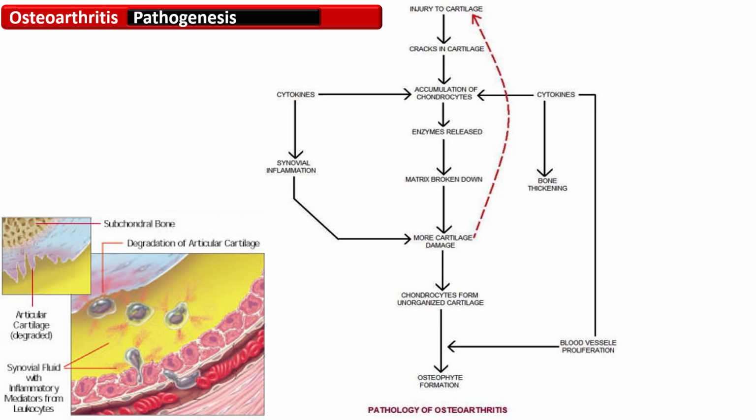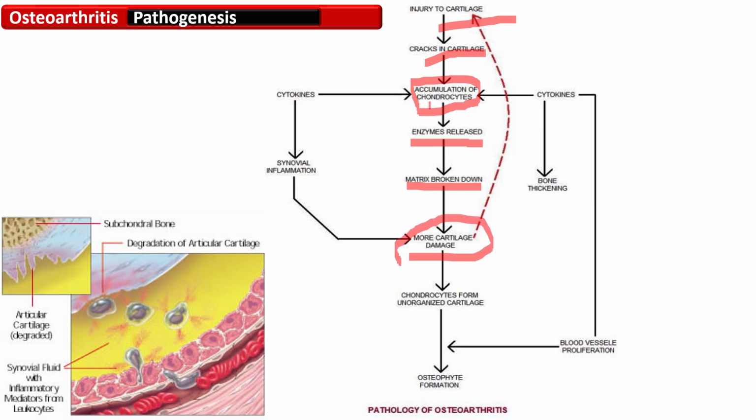So injury to the cartilage results in the development of cracks in the cartilage, and there is subsequent aggregation of the chondrocytes, and release of enzymes. As a result there is breaking of the matrix, and the matrix is broken down, and due to this matrix degradation, more cartilage is damaged.